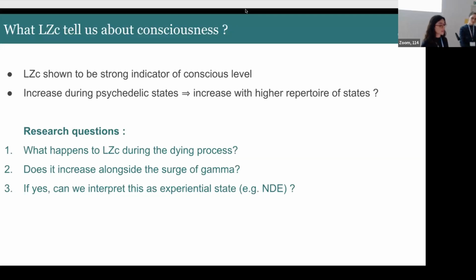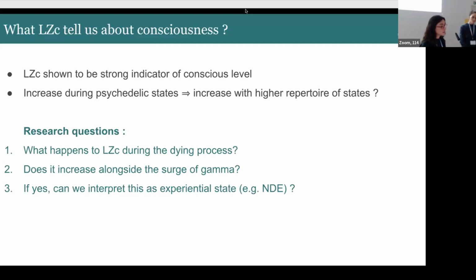So we raised three main research questions. First, what happens to Lempel-Ziv during the dying process? Does it increase alongside the surge of gamma band bursts of activity, as we saw in these two patients? And if it does, can we interpret this as experiential states, such as, for example, an NDE?